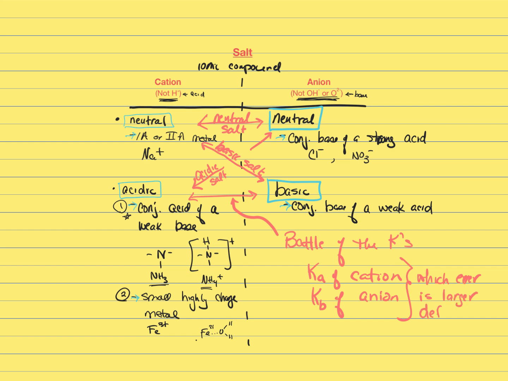So it defines the salt. If the Ka were bigger, it would be an acidic salt. If the Kb were bigger, it would be a basic salt. So that's the battle of the Ks. This is just a different way than that grid I gave you in our lecture to think about salts, and maybe it will be helpful for you.